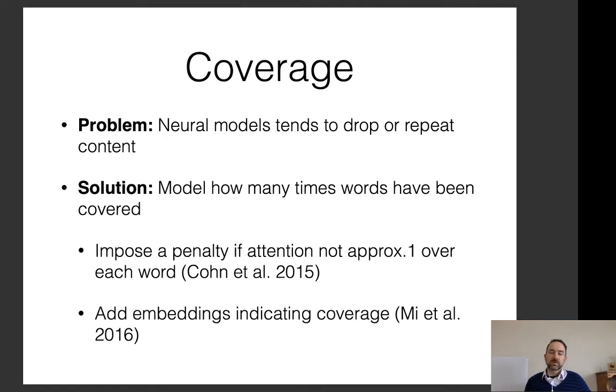Another way is on the modeling side, adding embeddings that indicate how much particular words have been covered. There are also heuristic methods that downweight at test time the probability of words that had been covered many times before. This was used in things like the original Google machine translation models. So there are lots of methods to incorporate coverage here.